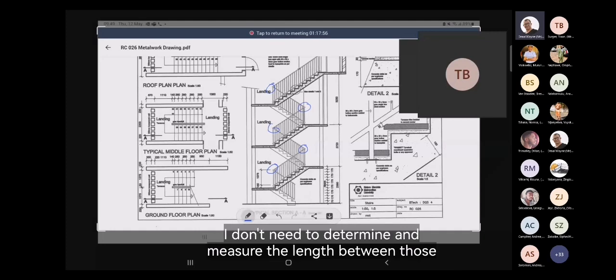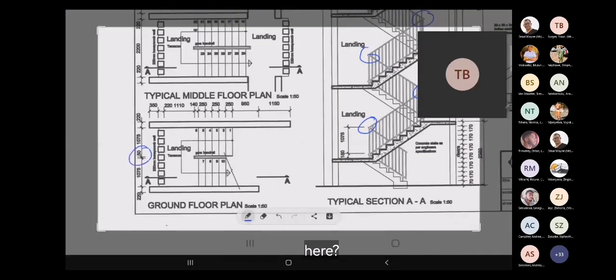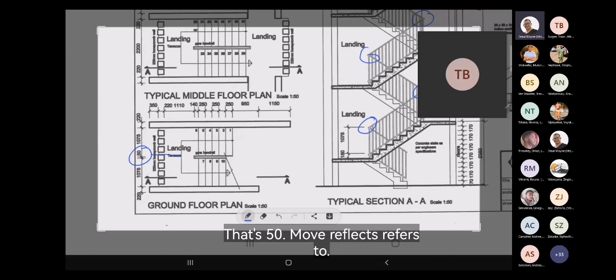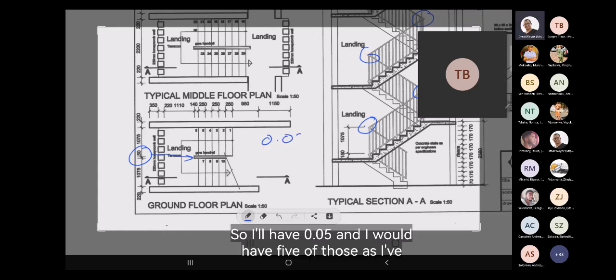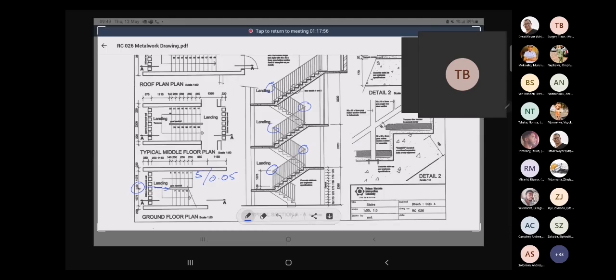I now need to determine and measure the length between those. And where do I find that? I go down to my drawing, and over here, I see that there's 50 mil there. That 50 mil refers to that joint over there. So I will have 0.05, and I would have 5 of those as you guys have counted for me. Okay?